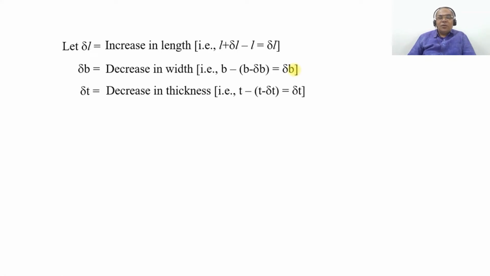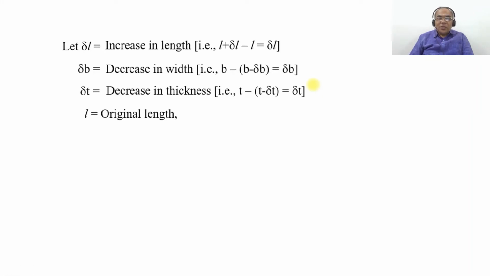The same explanation holds good. That is the initial thickness minus the final thickness. The initial thickness is T, minus the final thickness, which is minus of T minus delta T. When we open the bracket, T minus T gets cancelled, and minus of minus becomes plus delta T. So that is equal to delta T, the decrease in thickness.